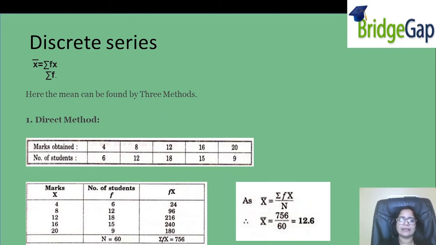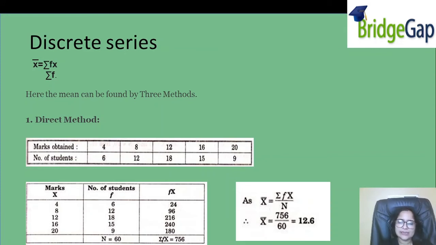If it is an individual series, then I could just write 4 6 times, 8 12 times, 12 18 times. In order to cut out those complications, it has become easier for us to understand with the frequency. Otherwise it could have been noted in that format as well.